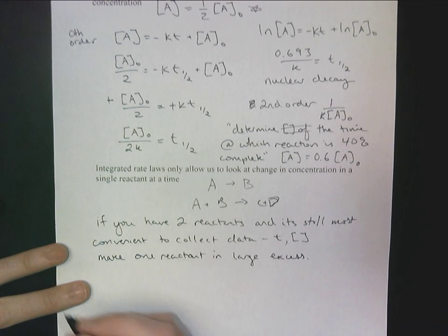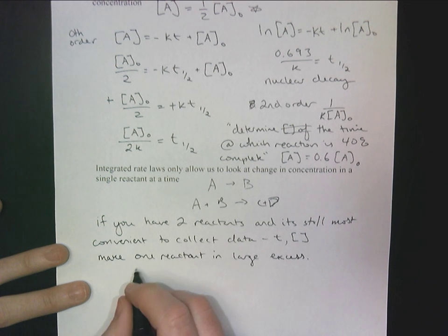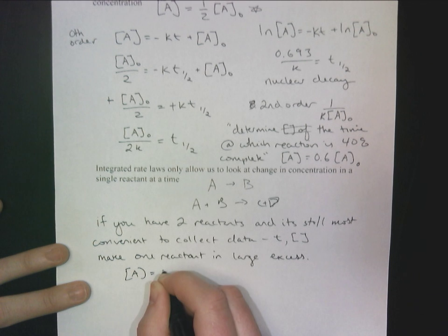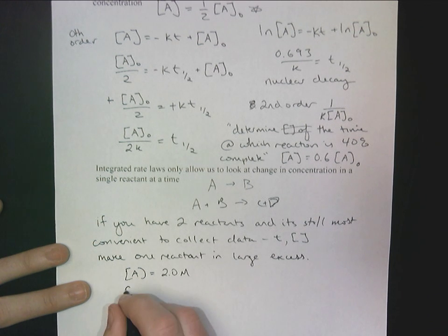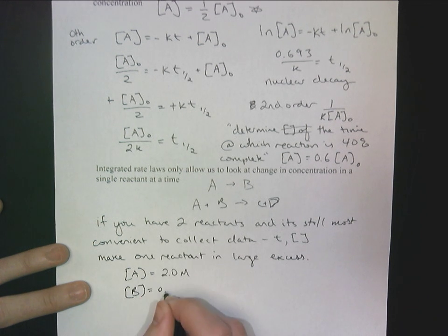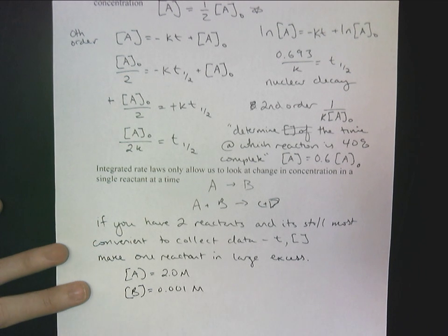Okay, what do I mean by that? I mean that maybe we make the concentration of A that we start with 2.0 molar. Maybe we make the concentration of B that we start with 0.001 molar.